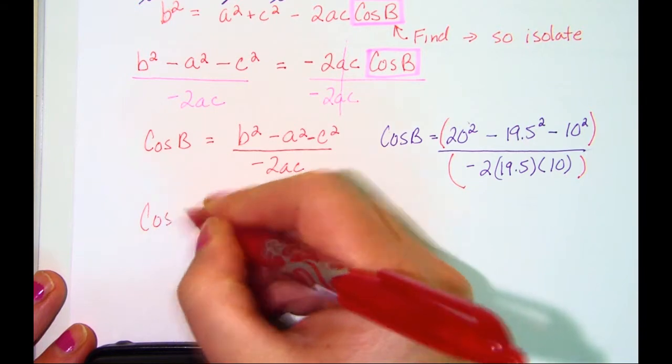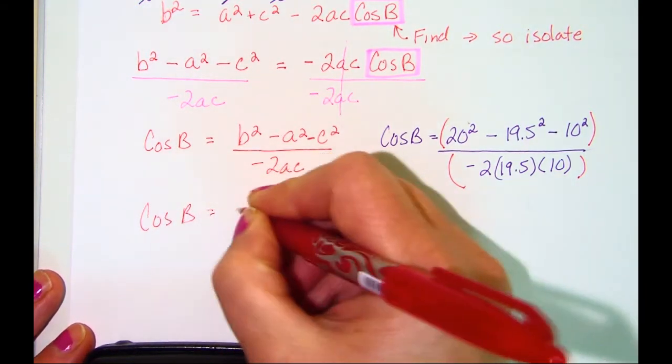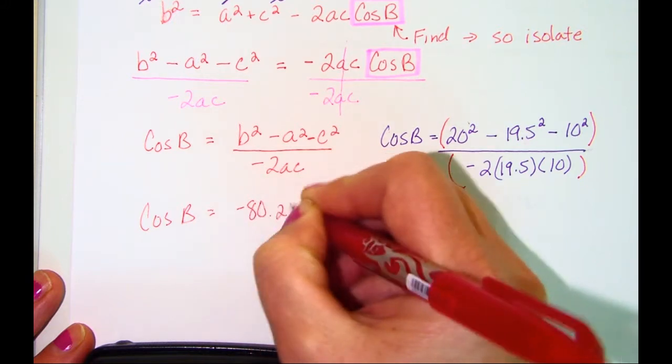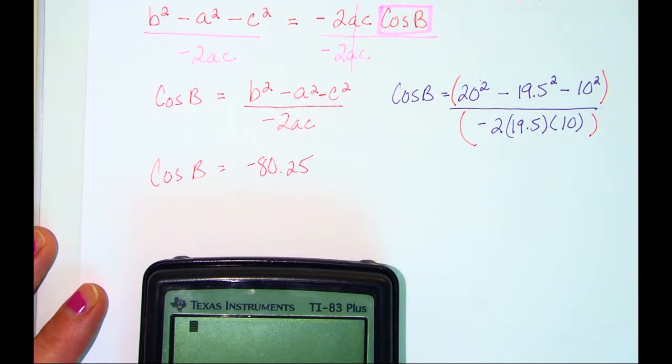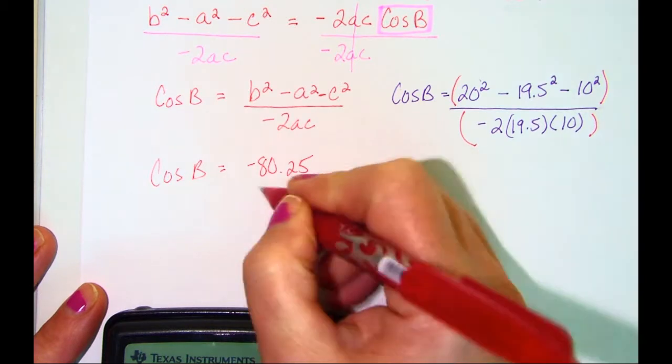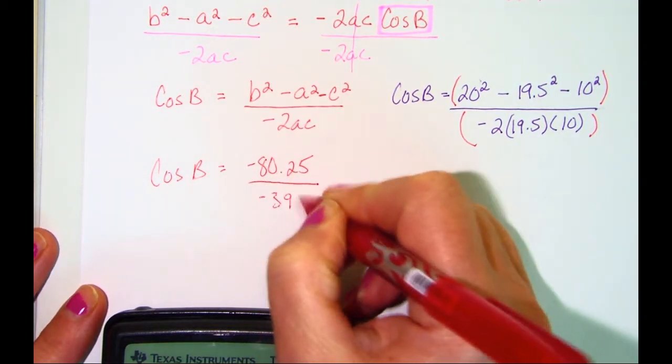So cos of b equals negative 80.25. And then we'll find the bottom number. Negative 2 times 19.5 times 10. Negative 390.